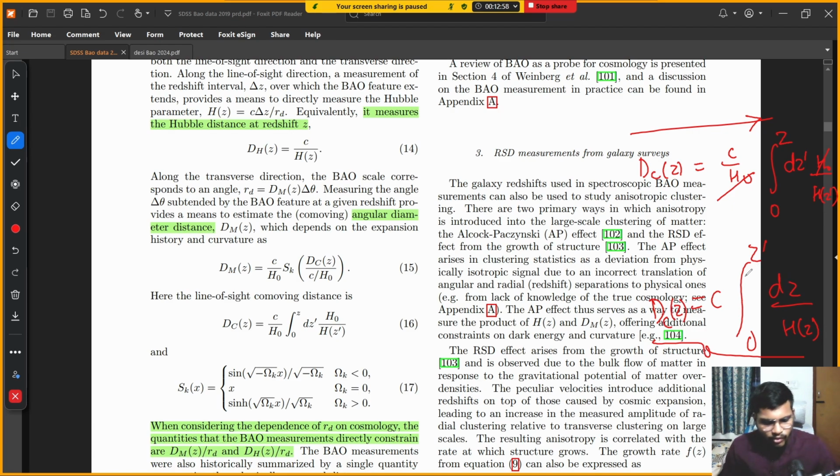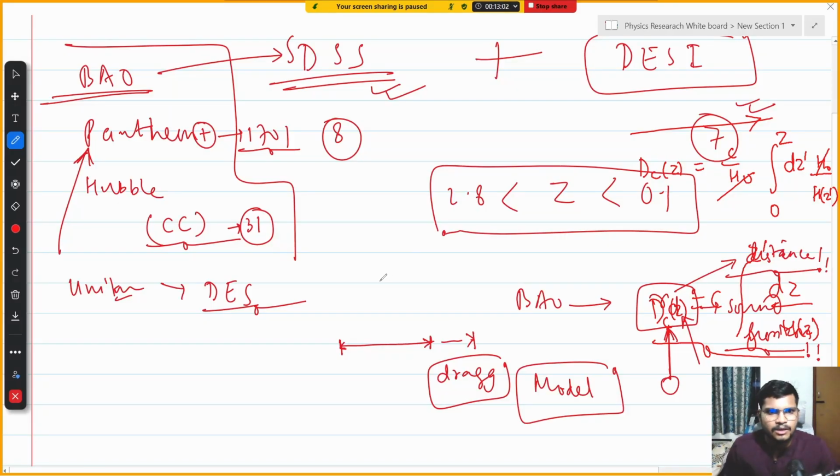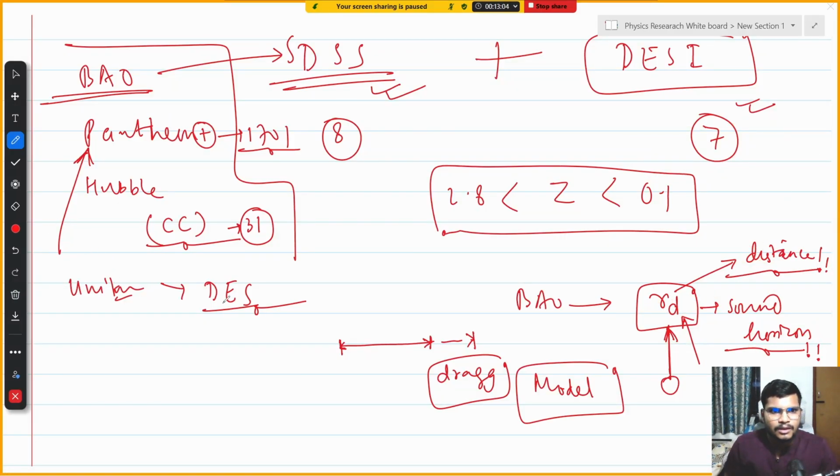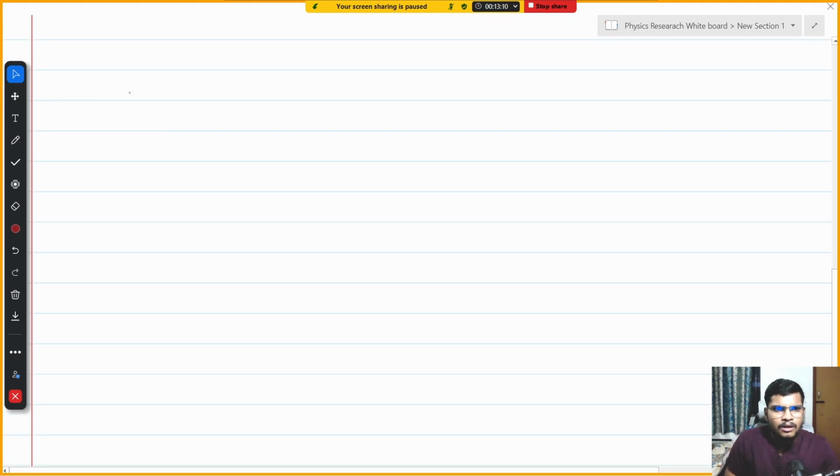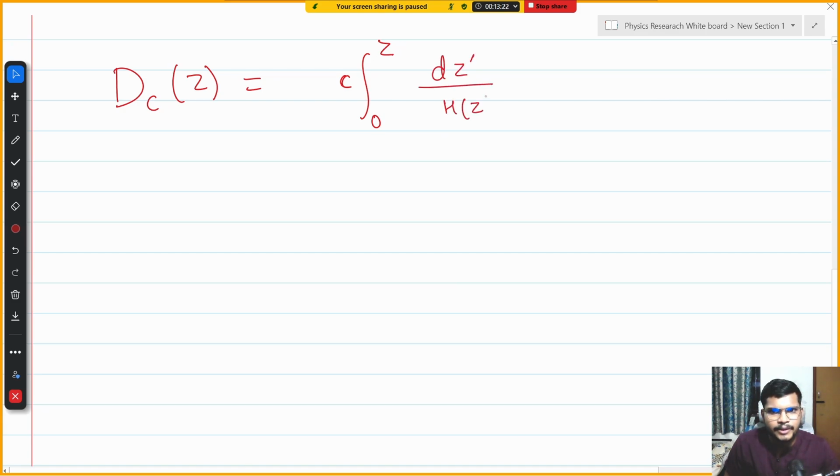So what are the quantities that we have evaluated right now? Let me tell you. We have evaluated dc of z, which is the integral from 0 to z, considering this is z prime, of dz' over H of z'.